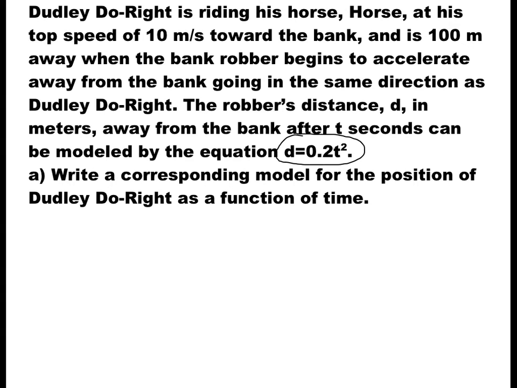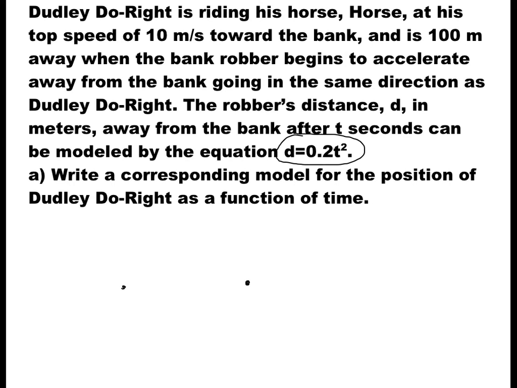Now the first part of the question is to write an equation modeling the position of Dudley Do-Right as a function of time. Let's assume that the bank is at the origin. Initially, Dudley Do-Right is 100 meters away from the bank. So if this is the origin, where is the bank?